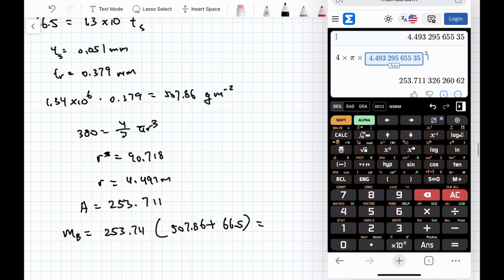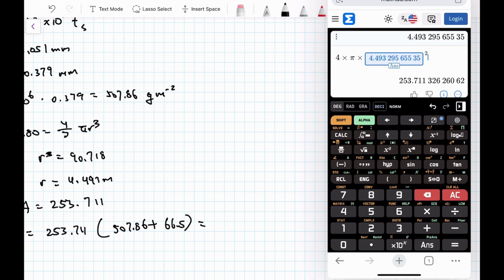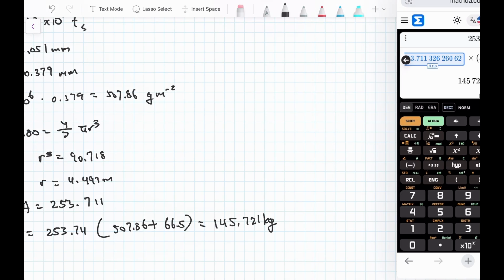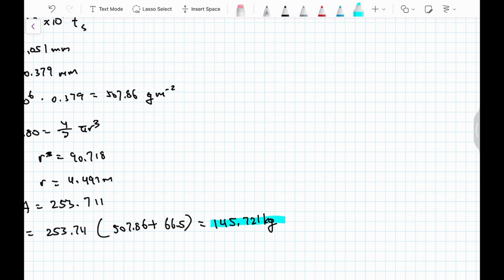Now that gives us, this multiplied by 507.86 plus 66.5. Okay, this is in grams, so therefore we can say it's 145.721 kilograms. And that should be the answer to the question.